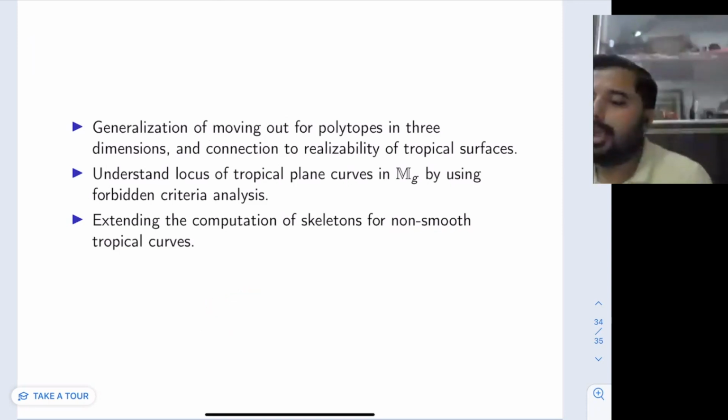So looking at non-smooth cases. And another aspect is to look at this forbidden criteria analysis, but in the lens of, as I mentioned, this moduli space structure, because there has been recent interest in studying the topology of the space. And it turns out you have to categorize.